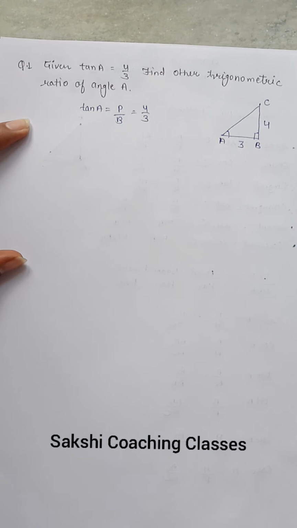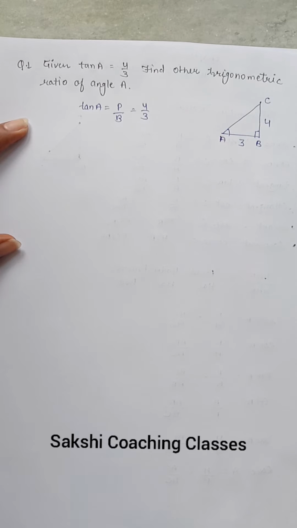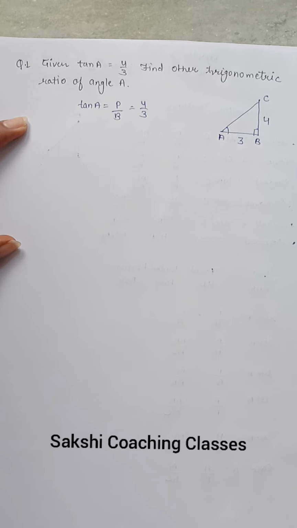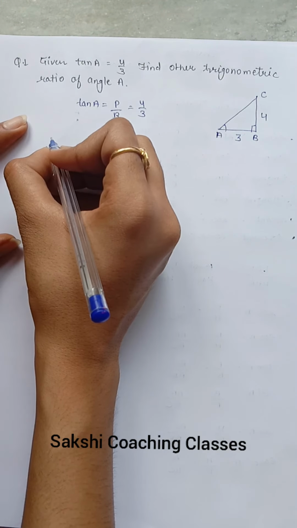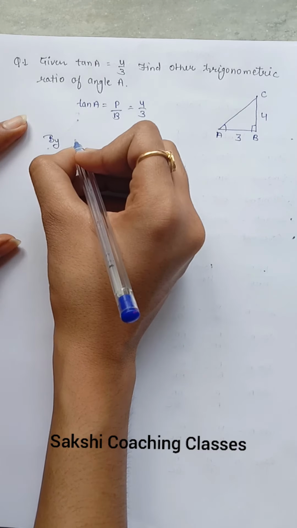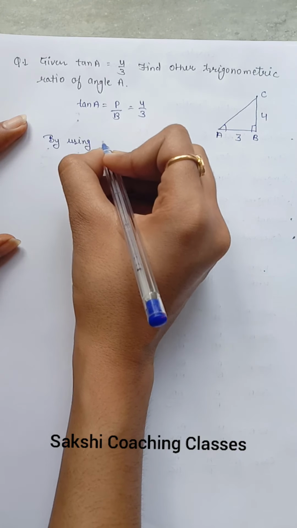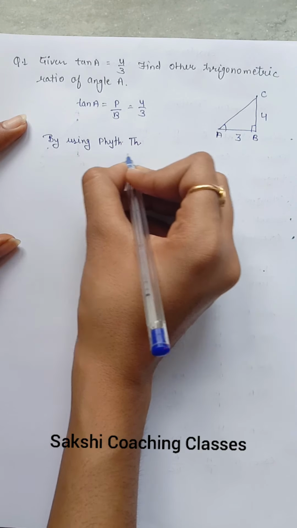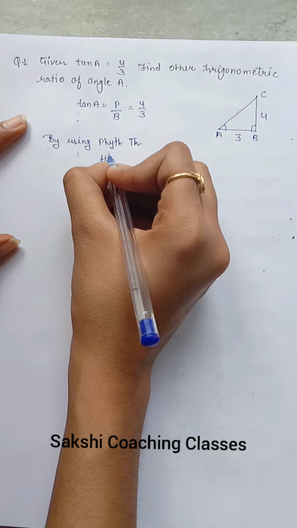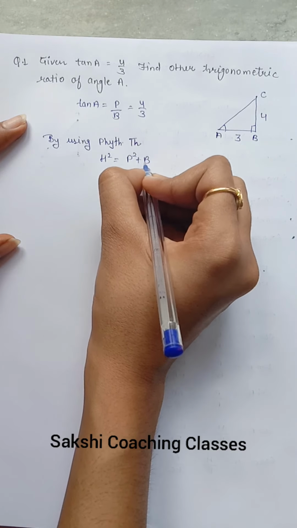Now you have to find all the trigonometric ratios, and we know that if we have the hypotenuse, we can find all the remaining trigonometric ratios. So for this you have to find the hypotenuse, and we can find it by using the Pythagoras theorem, which states that h square is equal to p square plus b square.